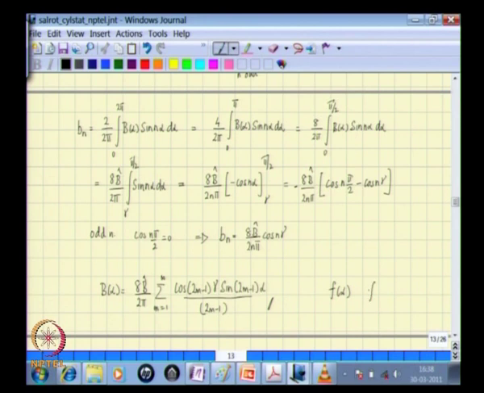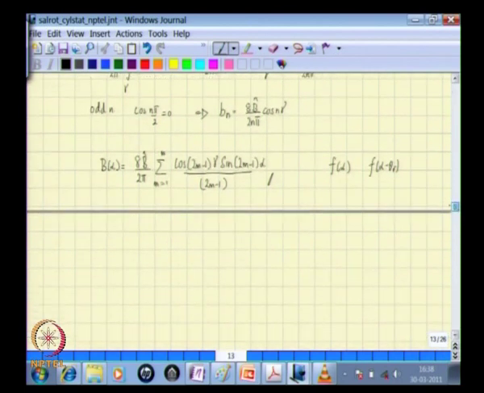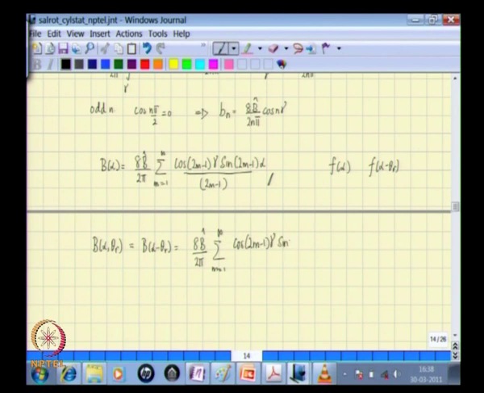That means we are now looking at a function f of alpha minus theta r, and therefore we can write b of alpha comma theta r, the two variable function, is nothing but b of alpha minus theta r, which is the same as 8 b hat by 2 pi sigma m equal to 1 to infinity cos of 2m minus 1 gamma sin of 2m minus 1 times alpha minus theta r, this whole thing divided by 2m minus 1.